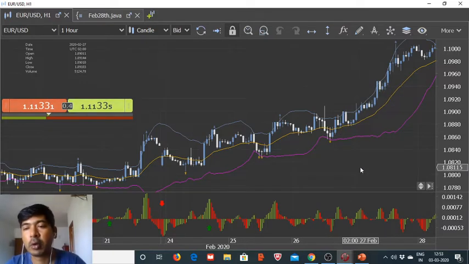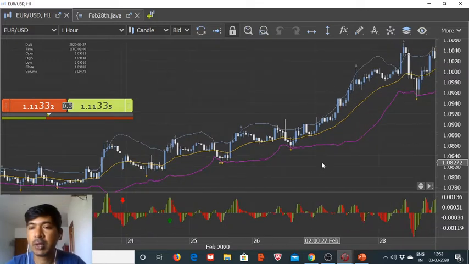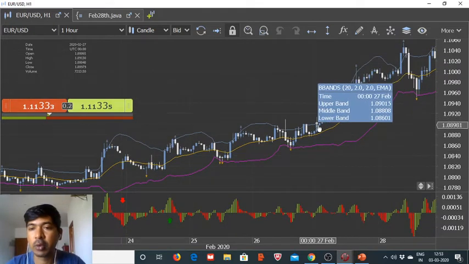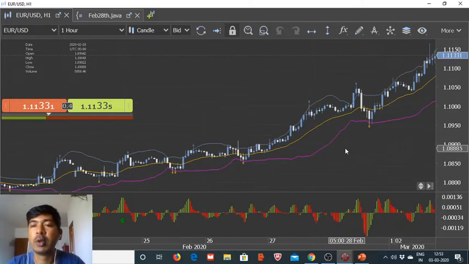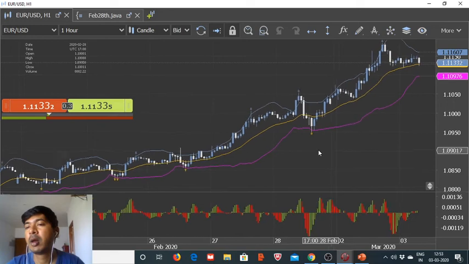So we are going to get a better price as well, but sometimes the order won't be executed and the price will continue to rise higher, and in such scenarios we will be losing out on some profit.